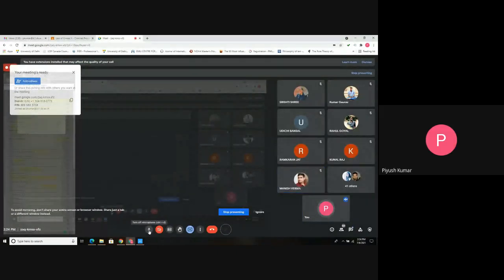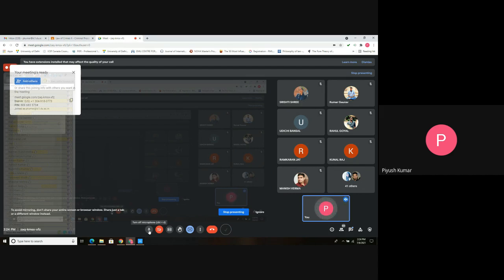So NCRB is the government body which has the responsibility to collect and prepare data relating to crime. They have a very good website, not a very interactive one, but very good as far as the statistics relating to crime is concerned.